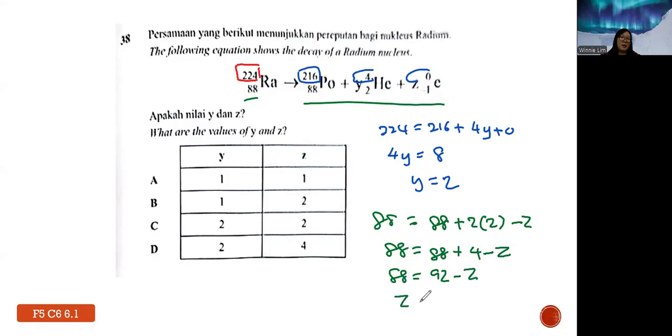Finally, z is 92 minus 88, you get 4. Okay, so this is how you solve this question. So the answer for 38 is D.